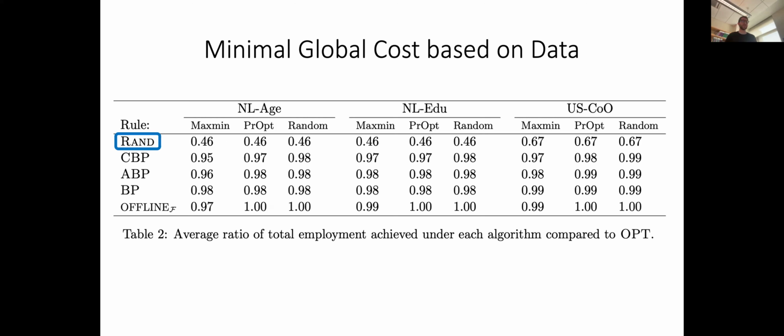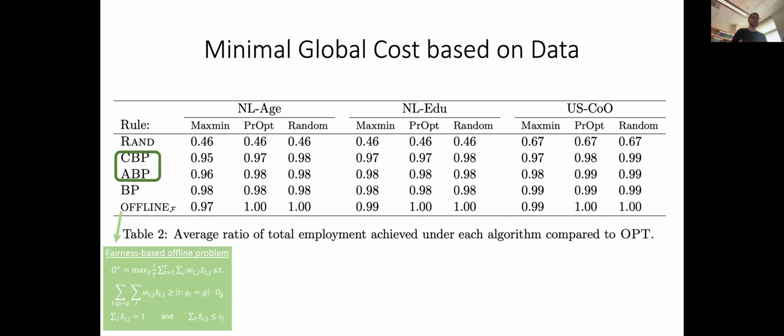Now, the first number we want to look at is, well, how poorly does the random assignment do? And clearly it's very, very bad. It's less than 50% in the Netherlands, 2/3 in the US. The bid price control that does not take into account fairness constraints, that just tries to imitate opt, does pretty well, loses at most 2%.